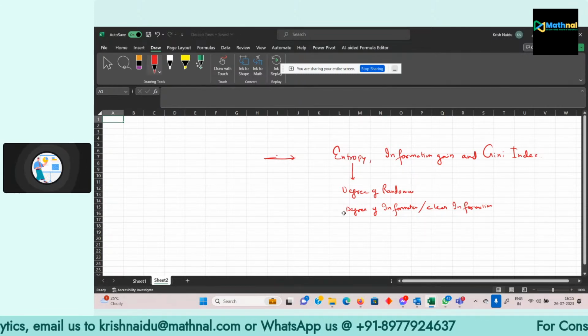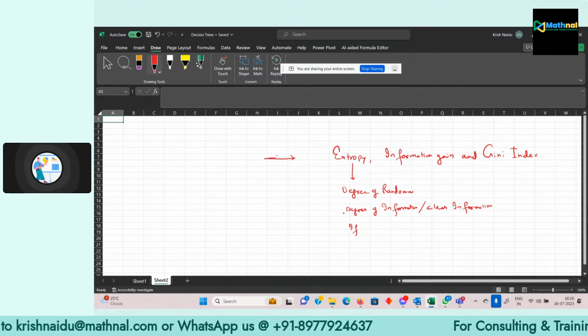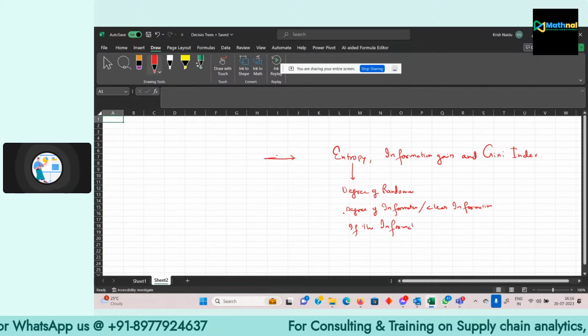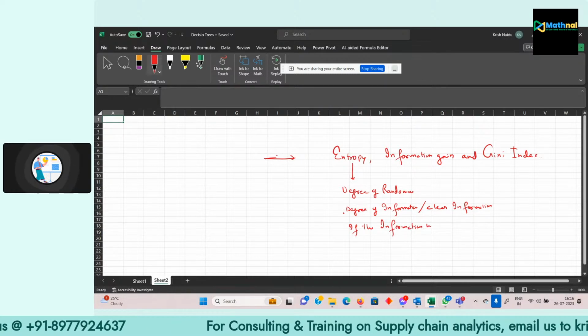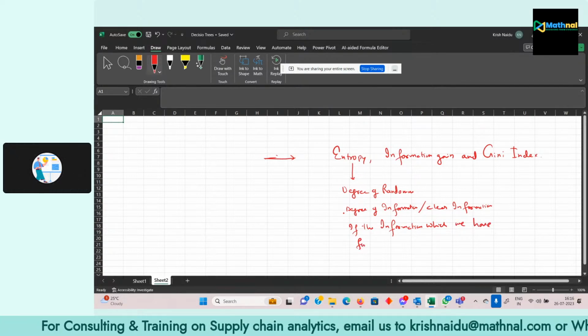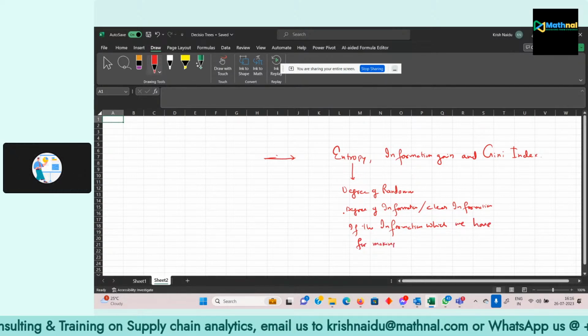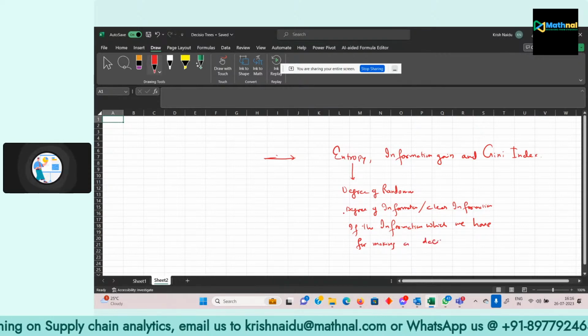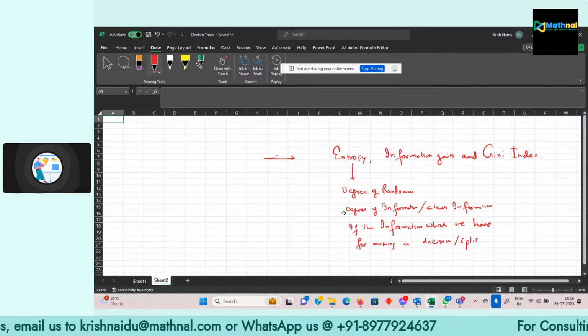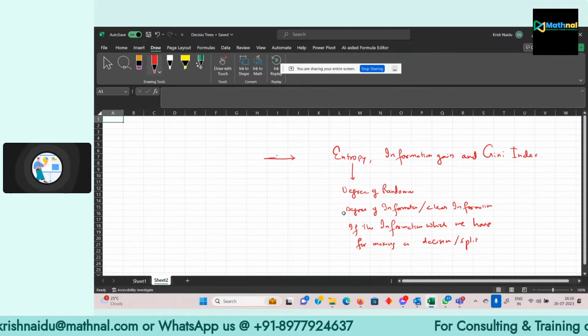How noisy is the information? If the information which we have for making a decision is noisy, we have to make a split. We have to split our variable, meaning if the split is clear or not clear.